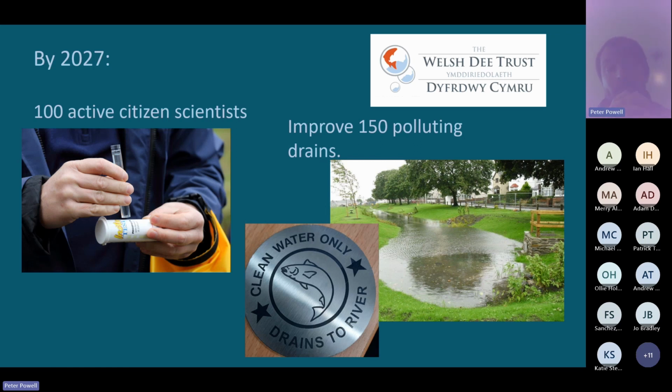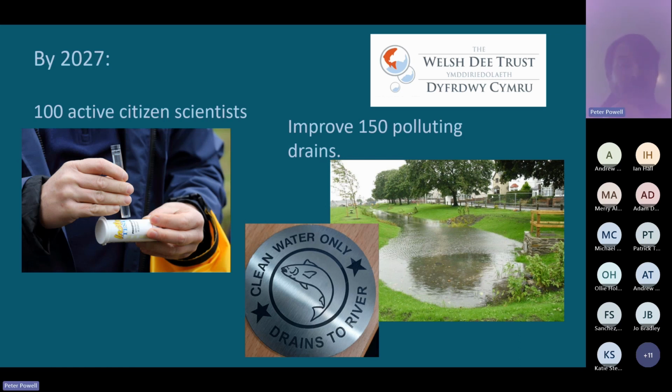But also I think SUDS and sustainable drainage plays an important part of this. They not only reduce the speed at which water moves through our urban areas, but also, because it goes slowly, it gives a lot of these pollutants more of a chance to fall out within the retention basins.